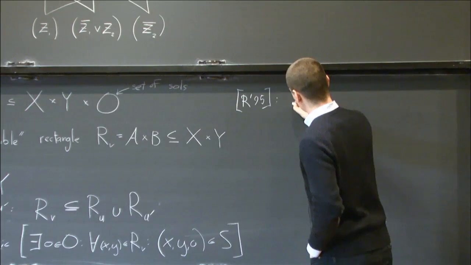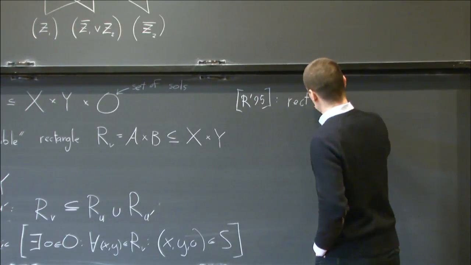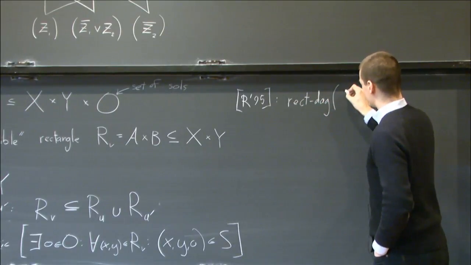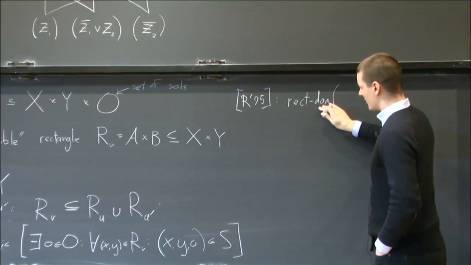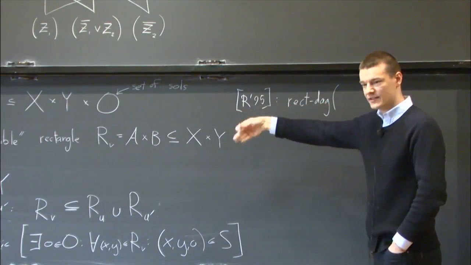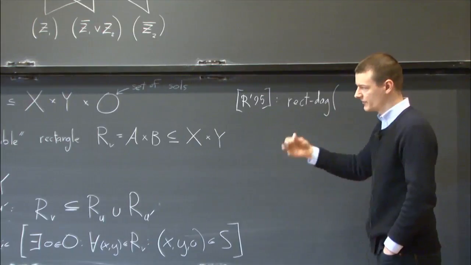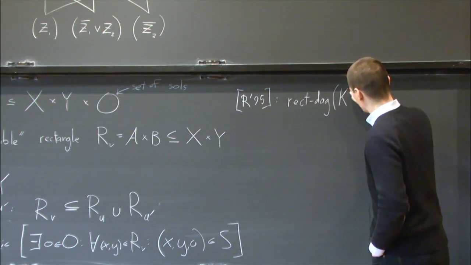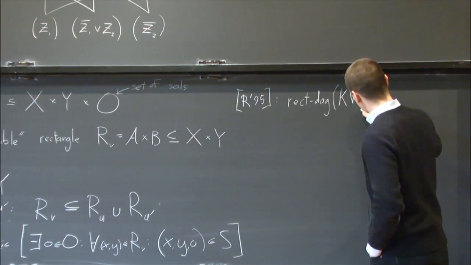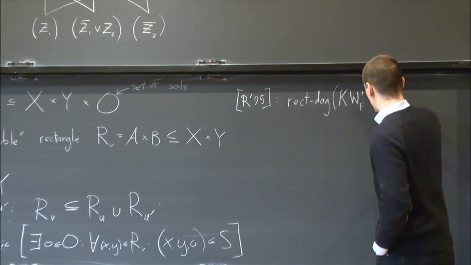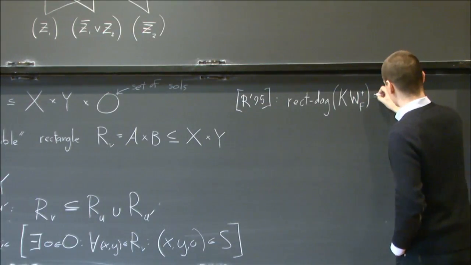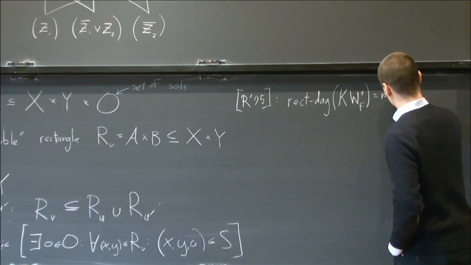So if you take, I denote by rectangle DAG, the rectangle DAG complexity of a search problem, the least size, the least number of nodes in a rectangle DAG that solves the search problem, and in particular, if I specialize the search problem to a Karchmer-Wigderson game, then this is exactly the monotone circuit complexity of F.